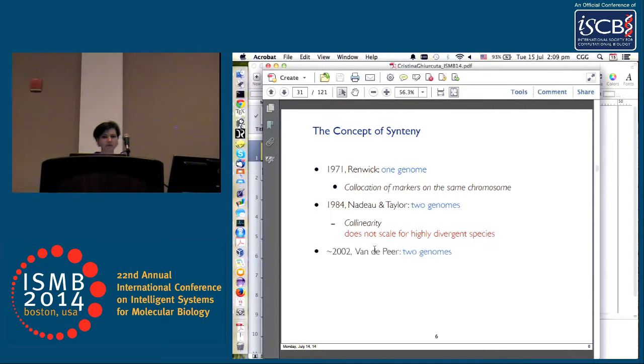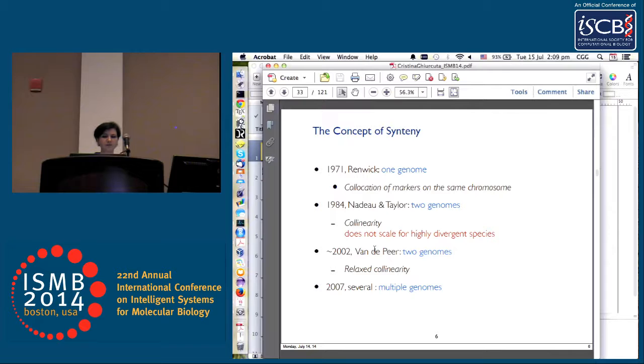Therefore, in order to address this shortcoming, later studies have relaxed this notion. So we speak about a relaxed co-linearity. That is, in this notion, the set of markers shared between two genomes need not be in the same ordering and orientation. However, this still stays at the level of pairwise comparison.